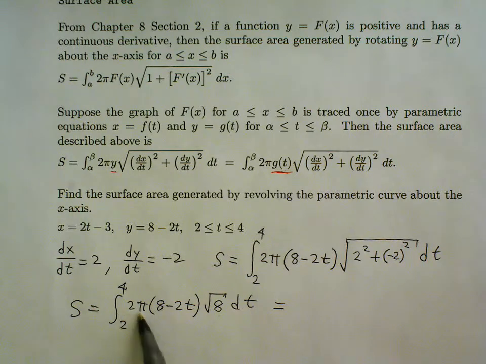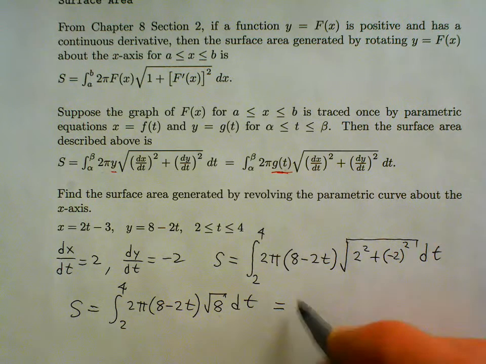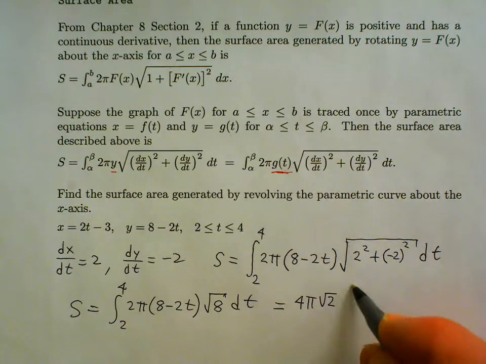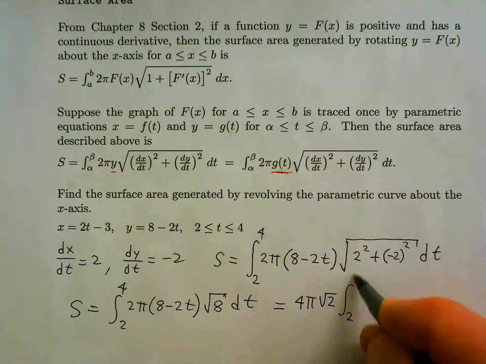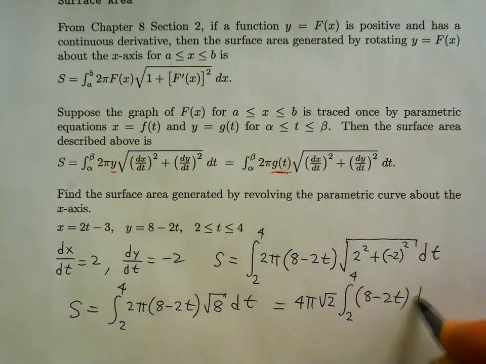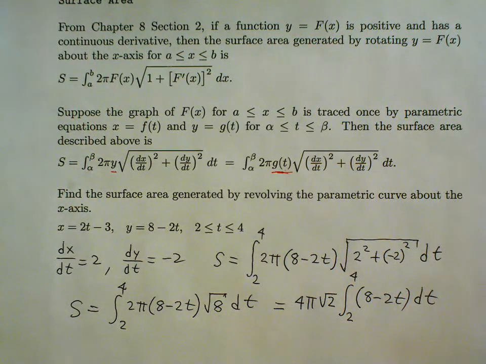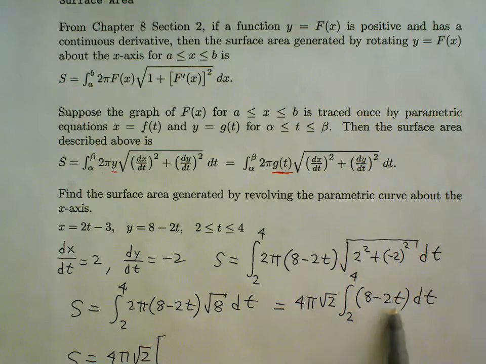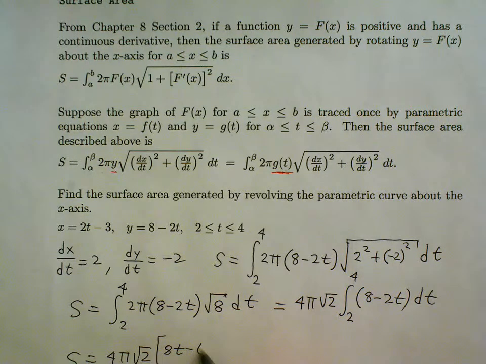So if we multiply the constants, 2 pi times 2 times the square root of 2, and bring that constant out front, we get 4 pi times the square root of 2, and then times the definite integral from t equals 2 to 4 of 8 minus 2t. So just a couple of more steps. An antiderivative of 8 minus 2t is 8t minus t squared from 2 to 4.